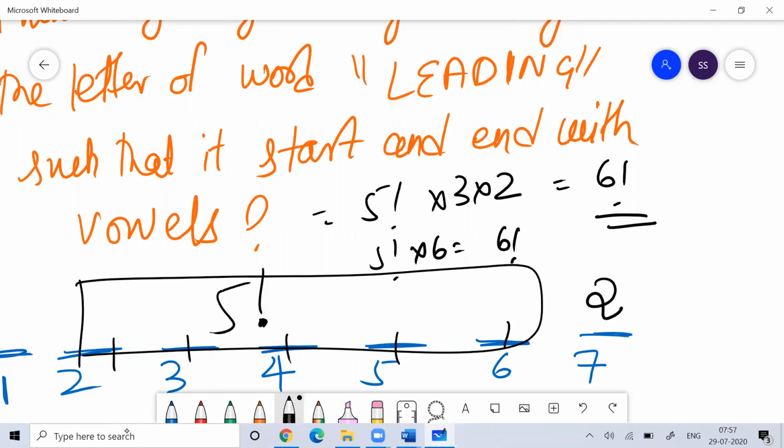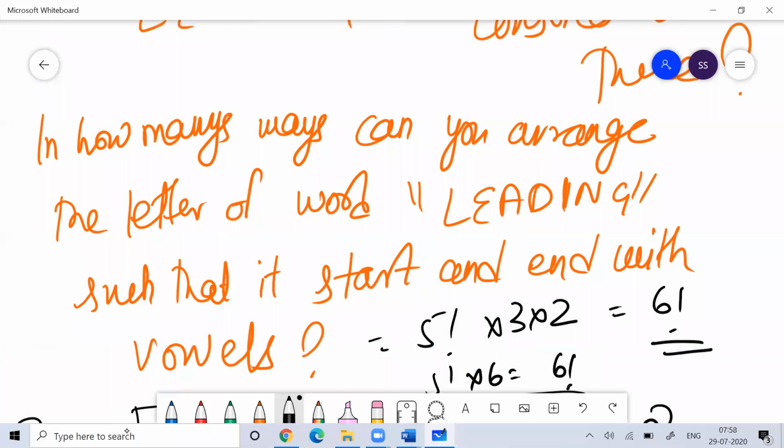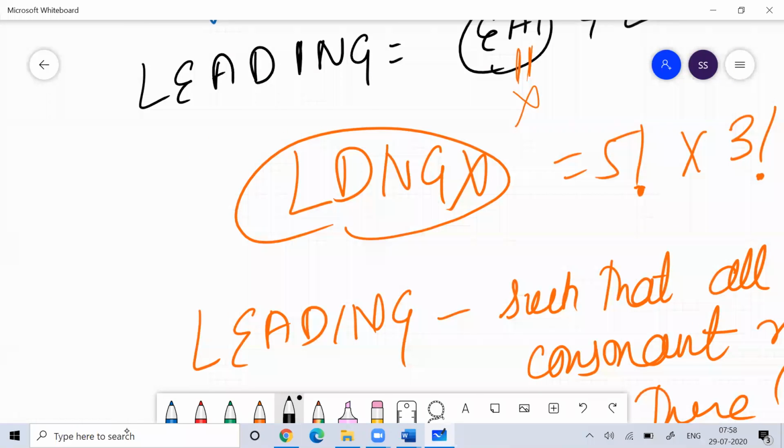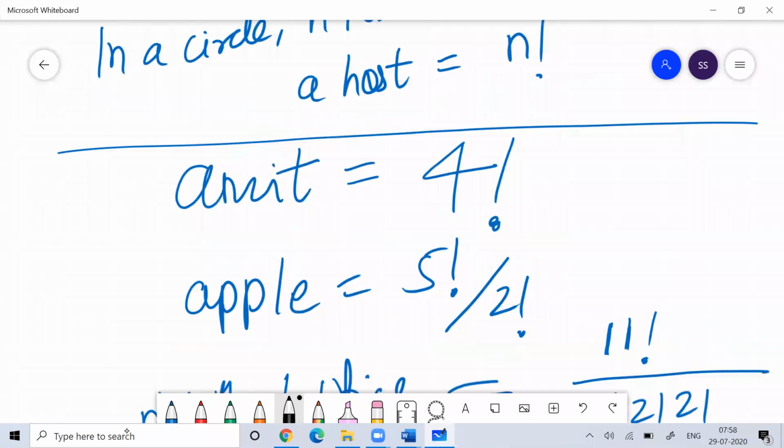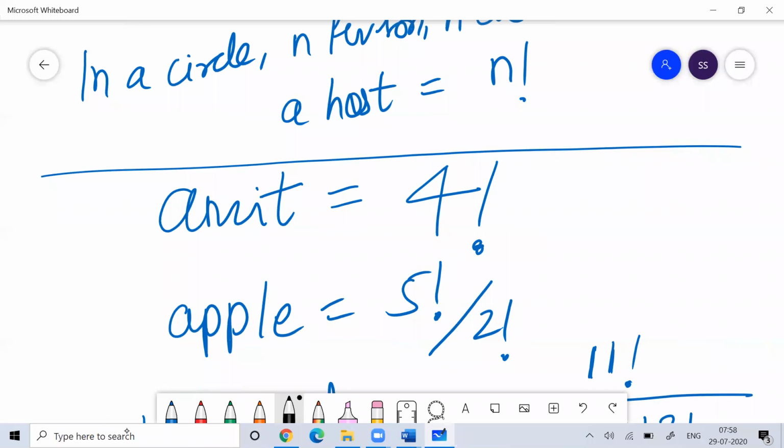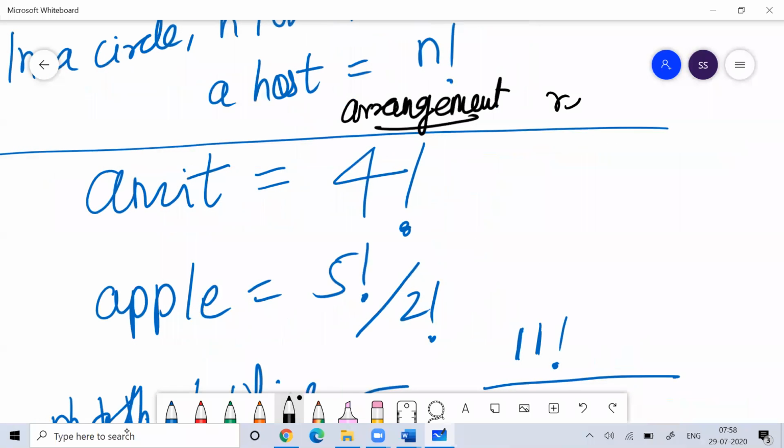Now the thing is, this is arrangement. Then there's a term called rearrangement.